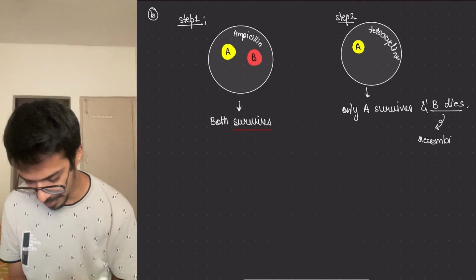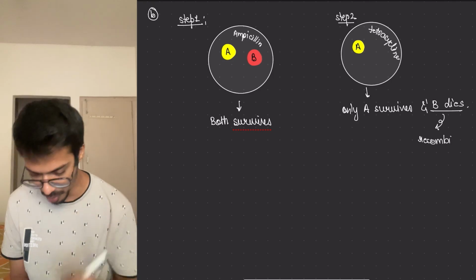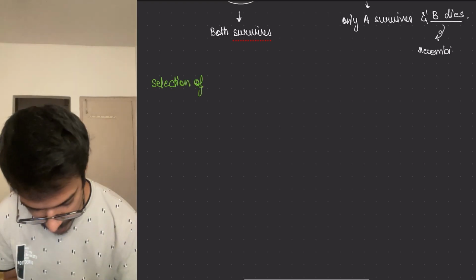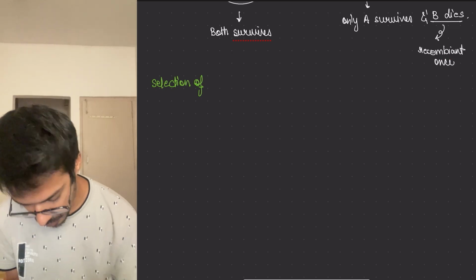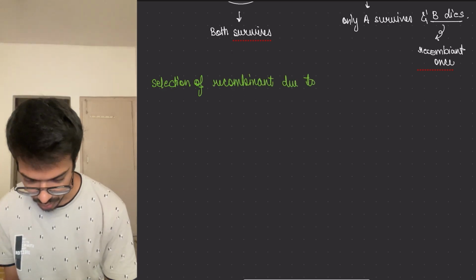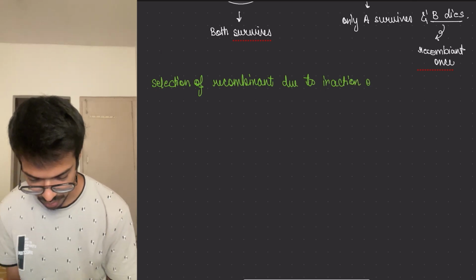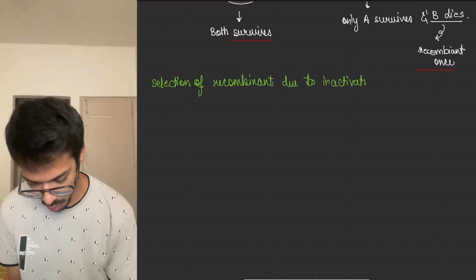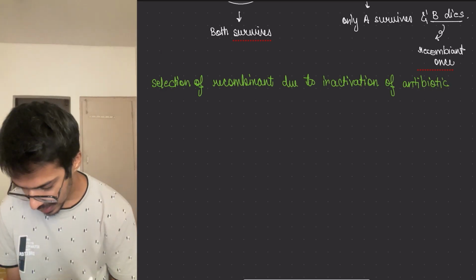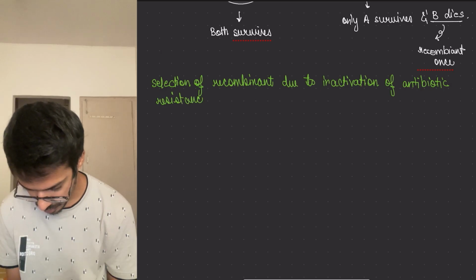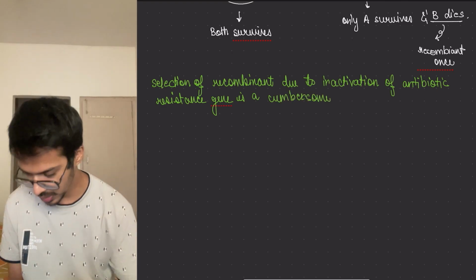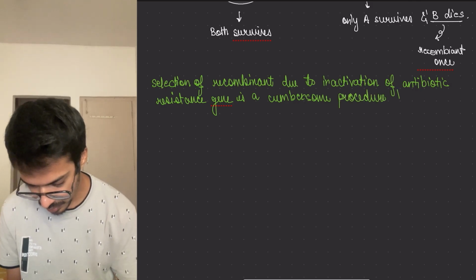A very important point to remember. Here the second way, the major problem, is this: selection of recombinants due to inactivation of the antibiotic resistance gene is a cumbersome procedure. Why? Because two platings have to be done.